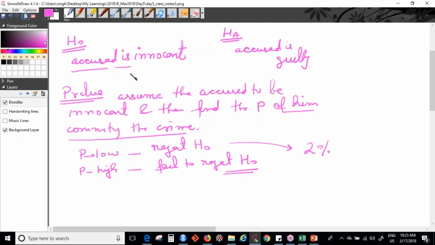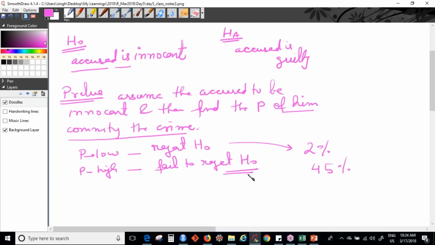So we started with an assumption that the person was innocent, but we will reject that the person is innocent. So what will the court say? The court will say that the evidence against him doesn't say that he is innocent, and the court will pronounce him guilty.